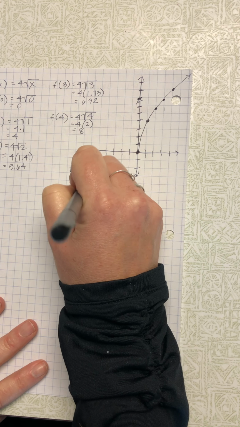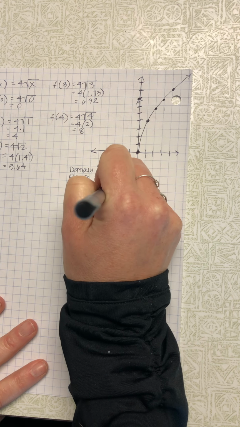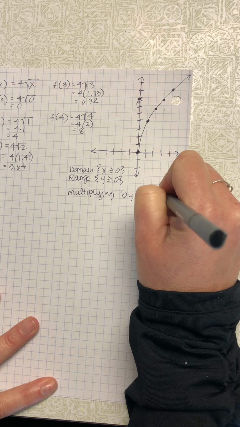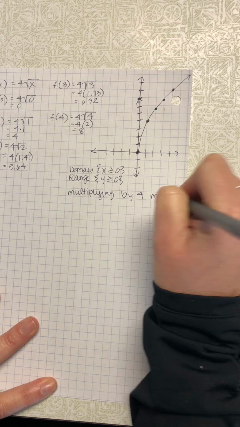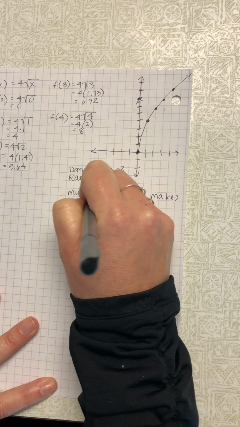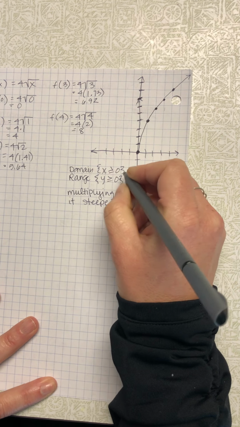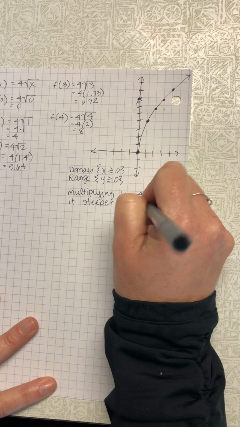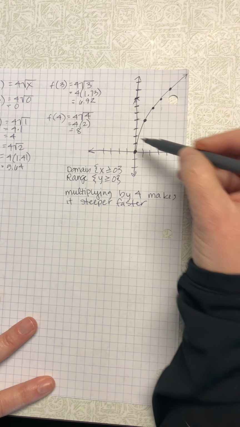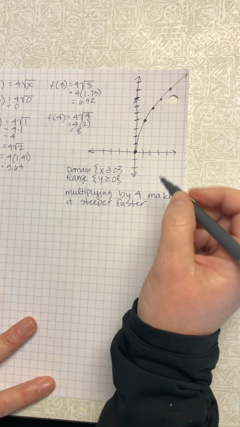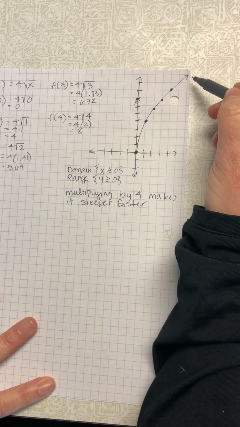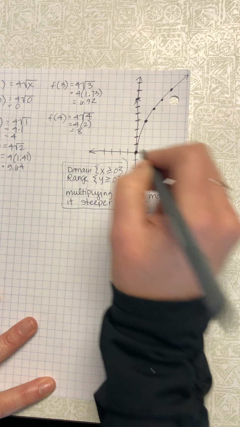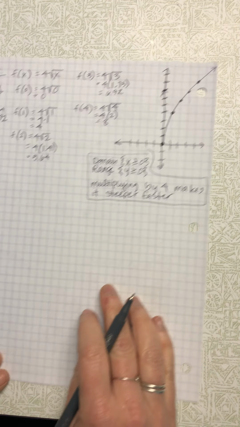Multiplying by 4 makes it steeper, faster. This has a steeper rise compared to the parent graph.